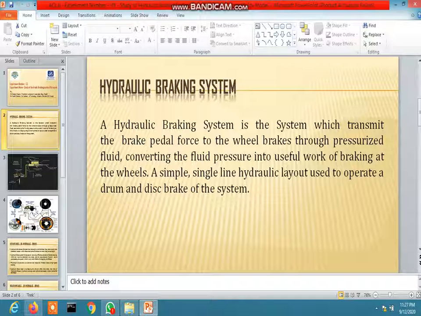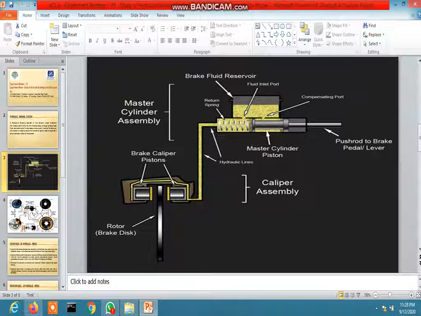Now, how does the hydraulic brake system function? Here is the picture of the hydraulic brake system.